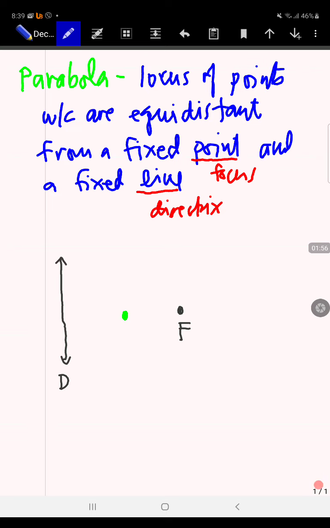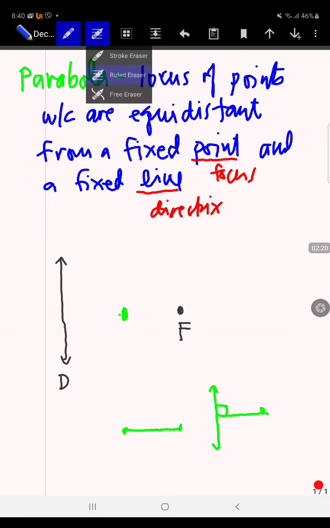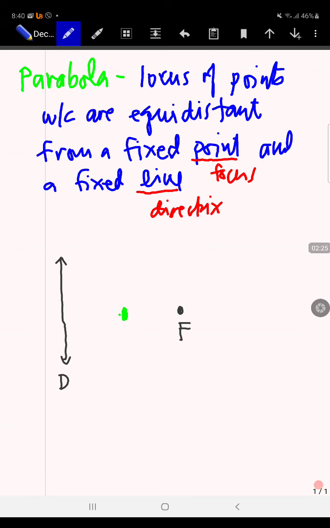Now I need to emphasize the distances. The distance between 2 points is a straight line, while the distance between a line and a point is actually the perpendicular distance. So just for us to be very clear about it, this means that this distance is equal to this distance.